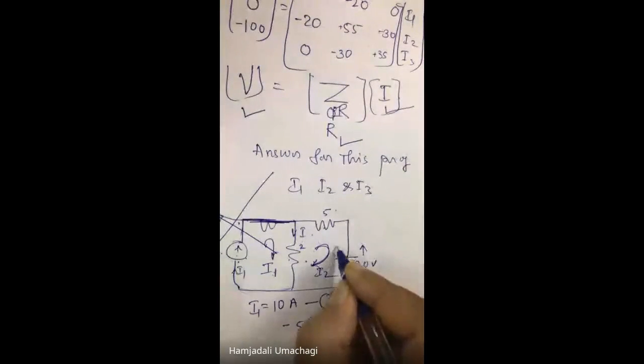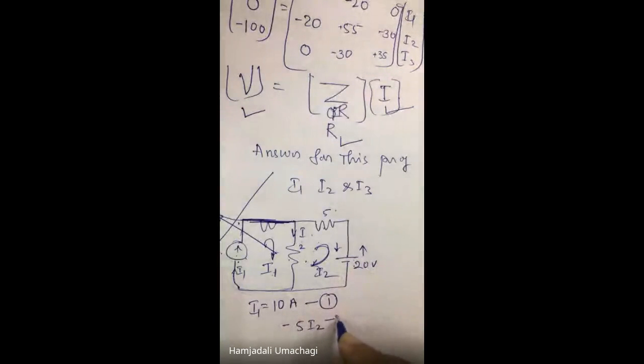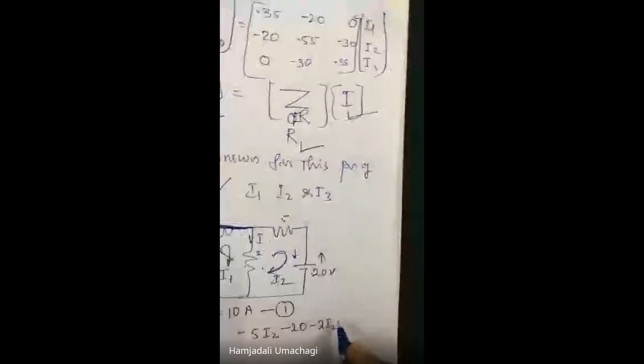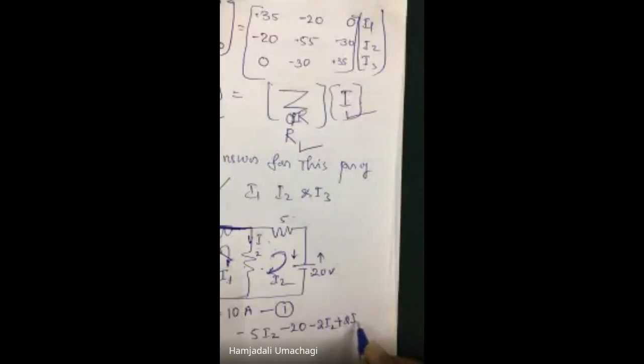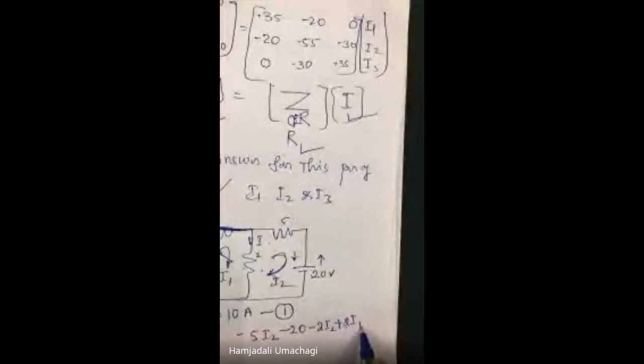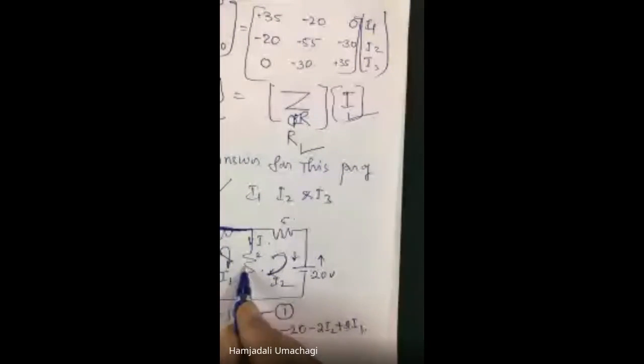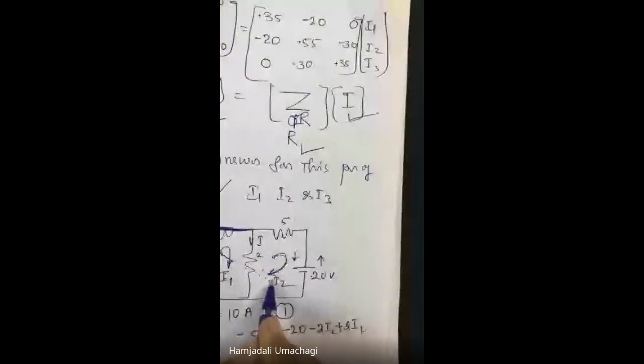Both are in opposite direction. Minus 20. This current is flowing also in this resistor, that is 2I2. Okay. Plus 2I1. Why? Because this is common between the first and second loop.